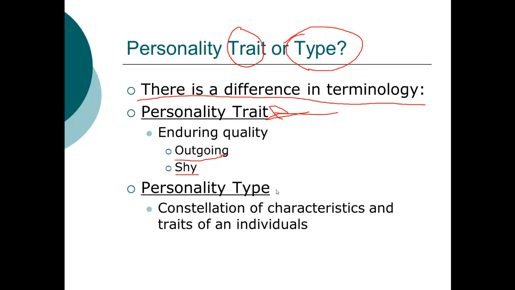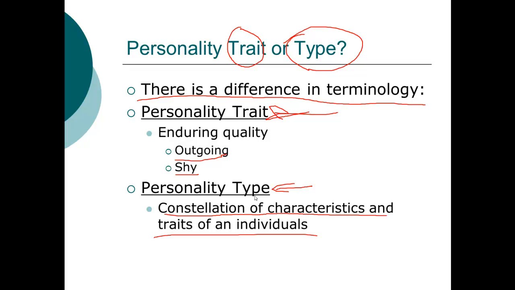Now, a personality type is a constellation of characteristics and traits of an individual. A personality type is a kind of collection of all of these traits that go together.